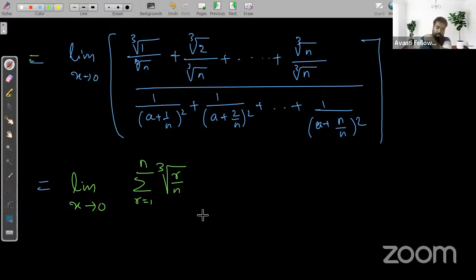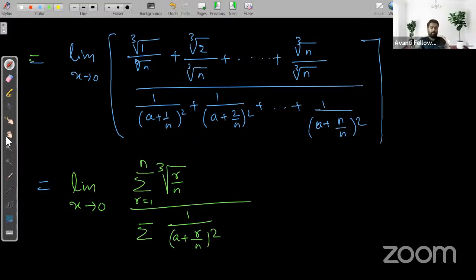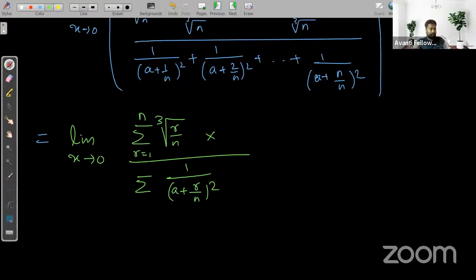And the denominator can be written as summation 1 upon a plus r by n whole square. So what I am doing here is multiplying 1 by n with the numerator as well as with the denominator, because we don't have any 1 by n.